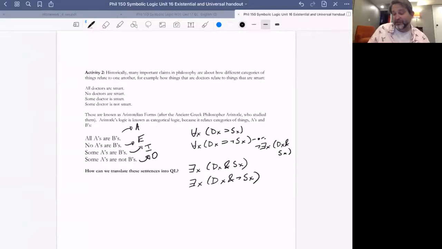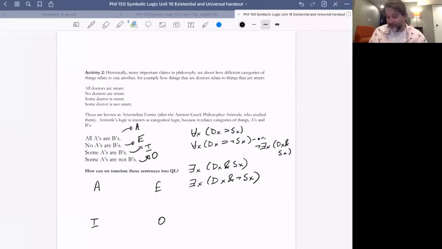The way in which these relate to one another is the following. So if we have a sentence of the A form, again, all A's are B's. A sentence of the E form, no A's are B's. A sentence of the I form, some A's are B's. And a sentence of the O form, some A's are not B's. Then these sentences bear some important relations to one another.